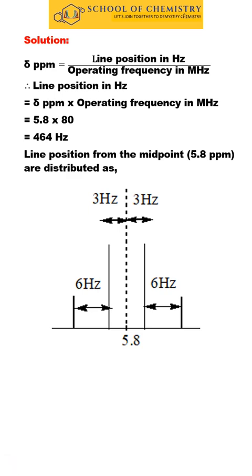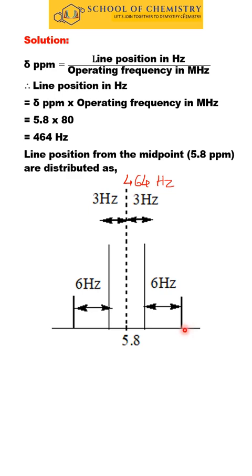So far, the 5.8 position happens to be at 464 hertz. But because the peak is a quartet, we will not be observing any line at 464 hertz. The line which was supposed to appear here, from this midpoint it has split into 4 lines. Now they have asked the positions of these 4 lines in terms of hertz.